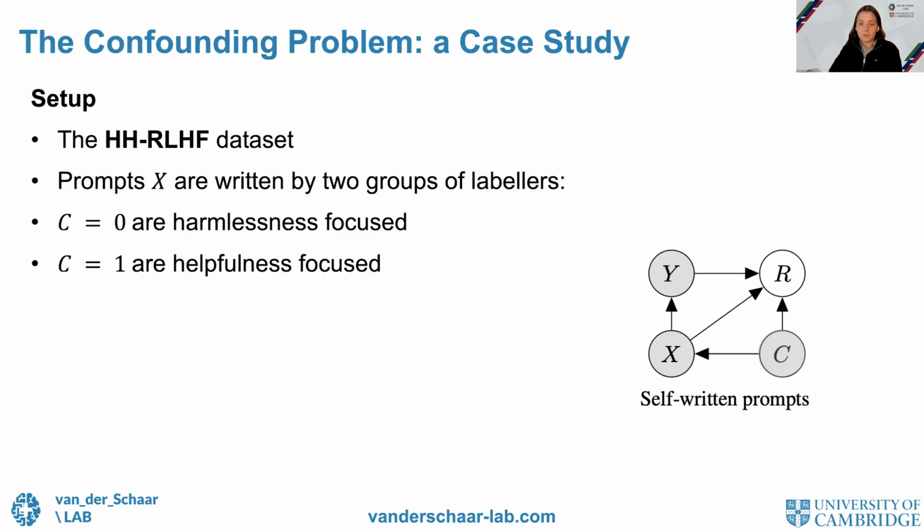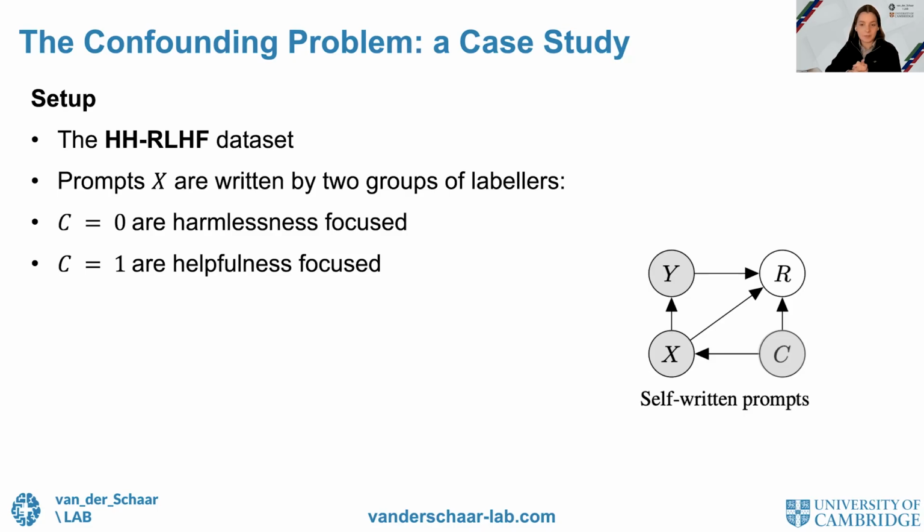And as a result, the distribution of those prompts written by these two groups of users focusing on different objectives differs. And so do the potential rewards, so that the rewards now are not only a function of the prompt and the response, but also the objective.